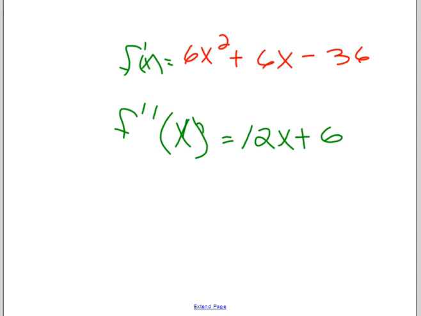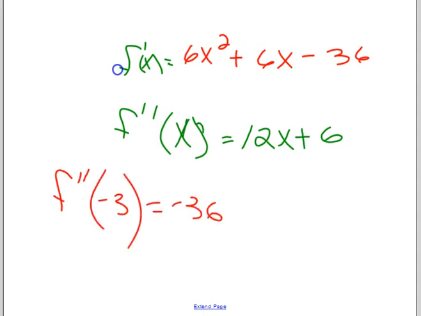And then it said, if the second derivative at that point, I don't need to check points on either side, I want to know what's going on at that point. So now I want to check f double prime of negative 3. If the second derivative at negative 3 is negative, what's that tell you about f?